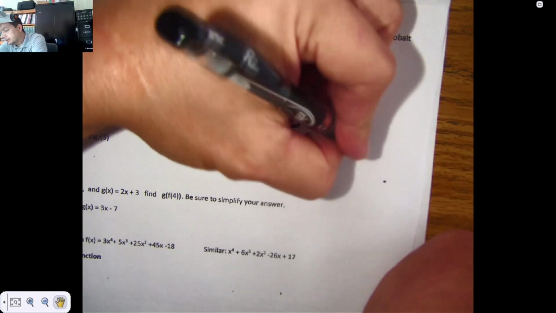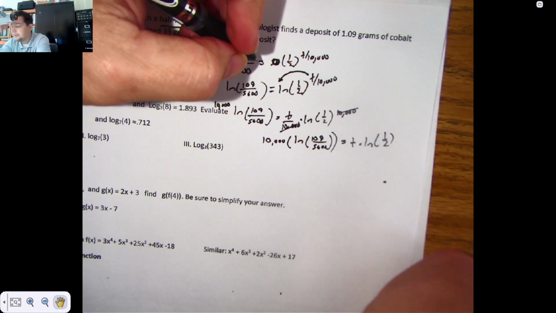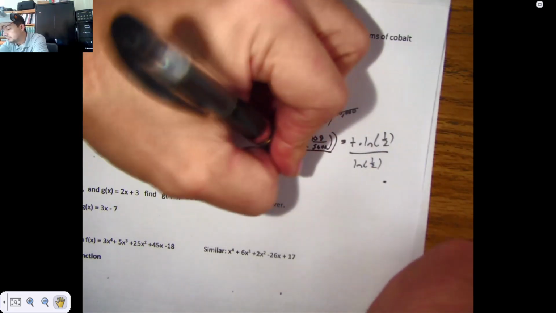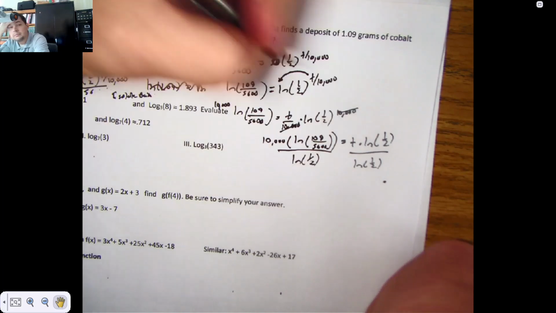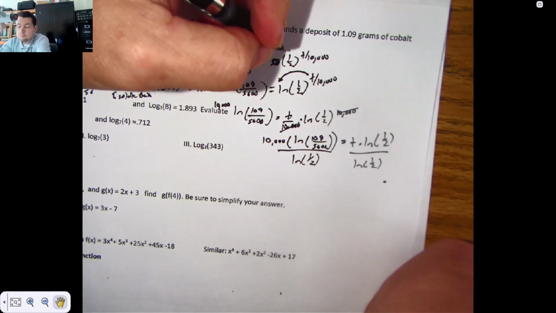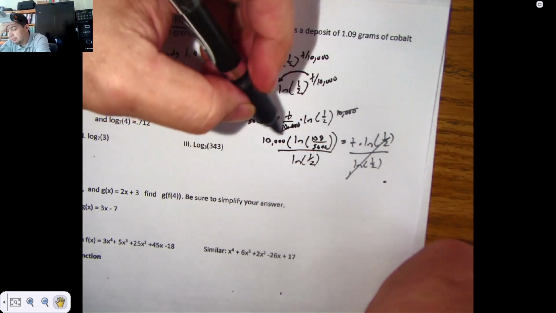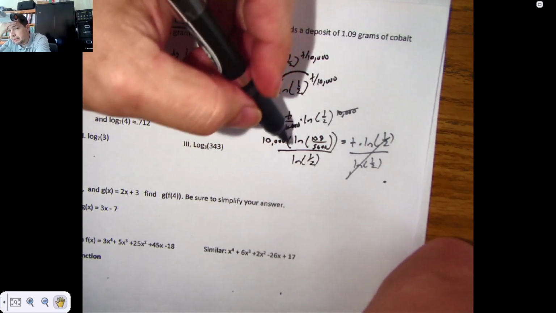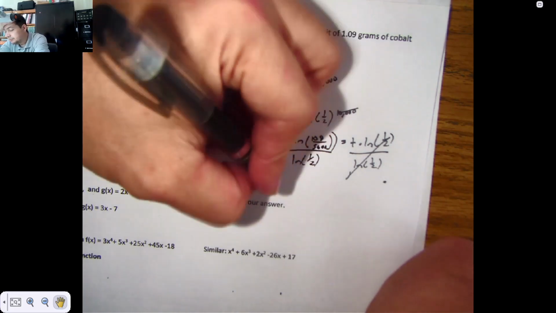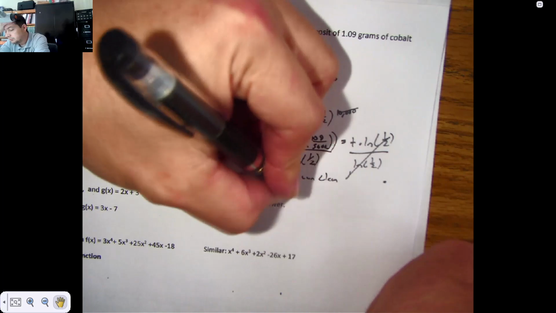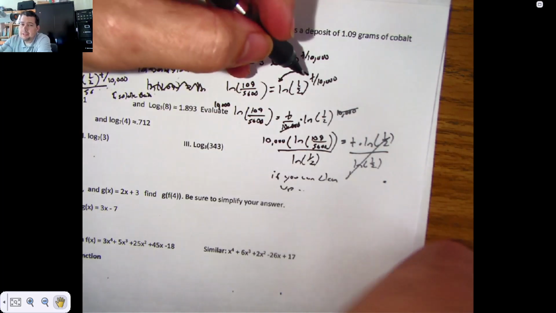And now we're equal to t times the natural log of 1/2. And the last step would be to divide out the natural log of 1/2. Okay. I will probably put a small bonus here if you can clean this up. Because I prefer exact time here.